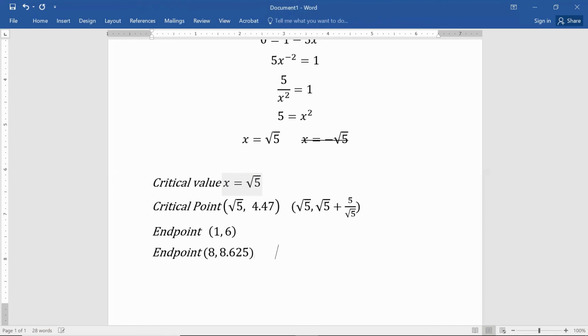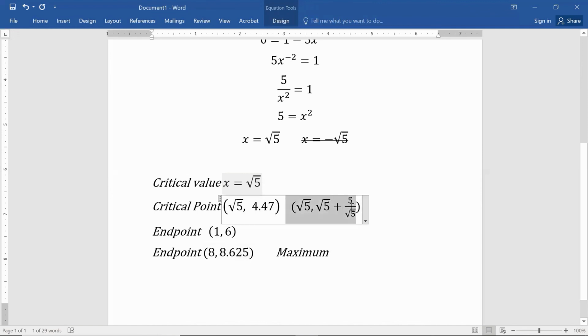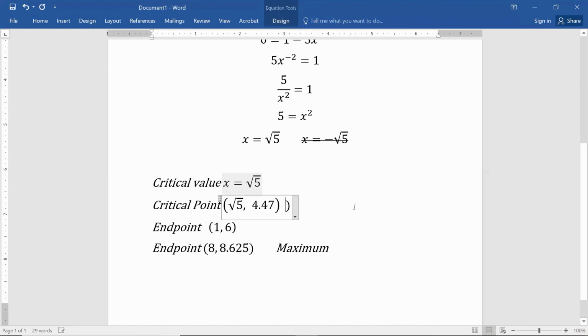You can see which one of these endpoints is the maximum by looking at the highest output value, 8.625. And you can see that the critical point is actually the minimum because it has the minimum output of 4.47.